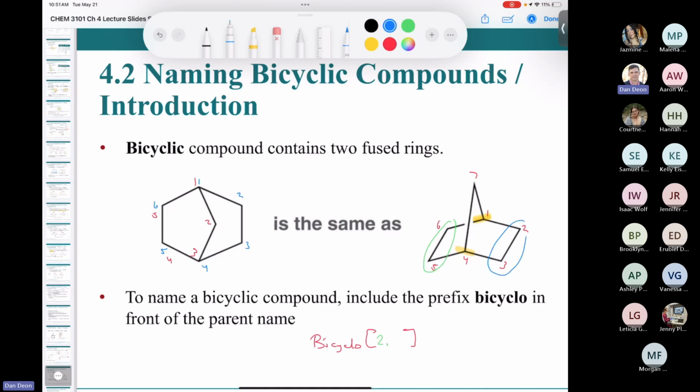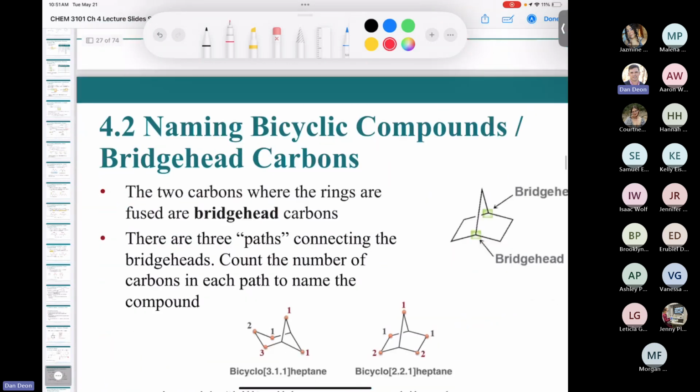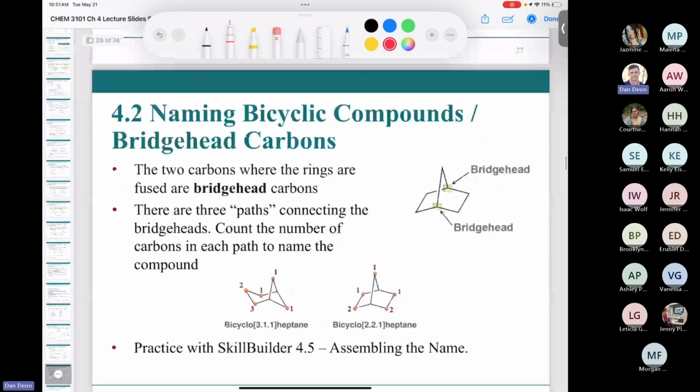Another one of the bridges has 2 carbons, so we put 2 dot. And then the last bridge has only 1 carbon. So 2, 2, 1. Then if you tally up the total number of carbons, which is 7, we say it's a bicycloheptane. So we would finish this out with heptane, like that. So bicyclo[2.2.1]heptane.